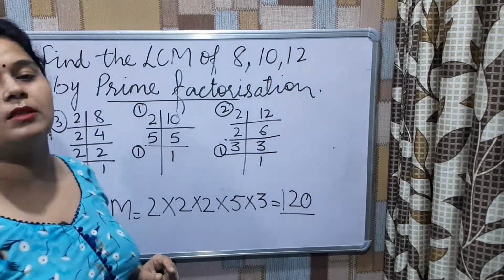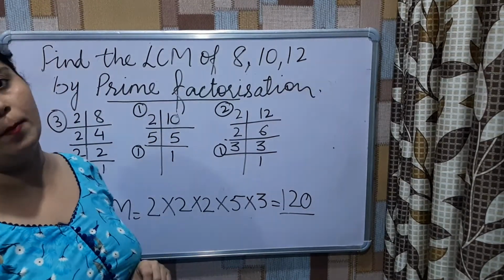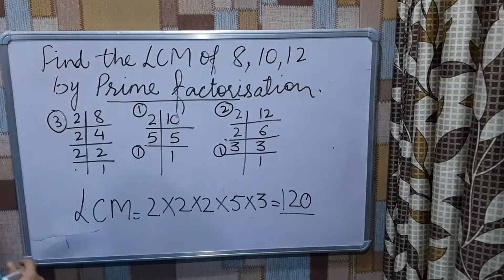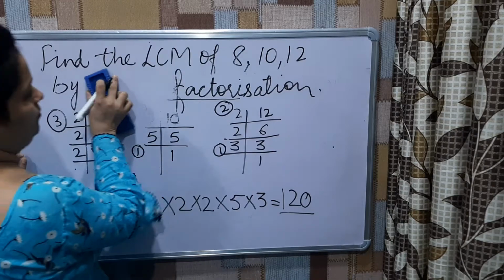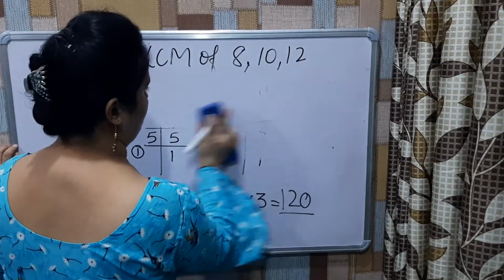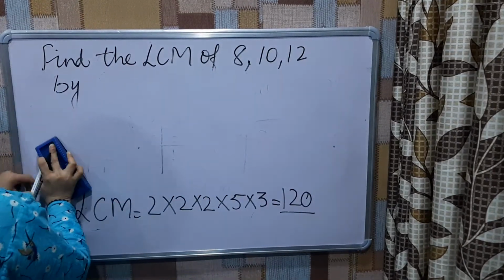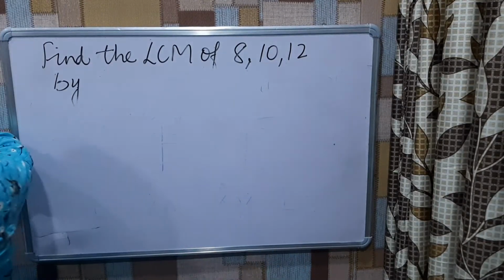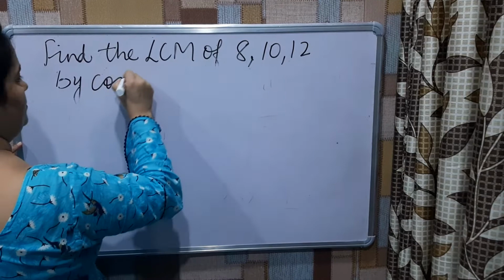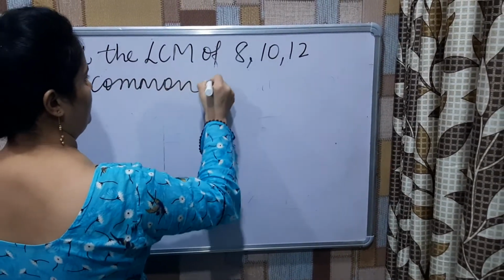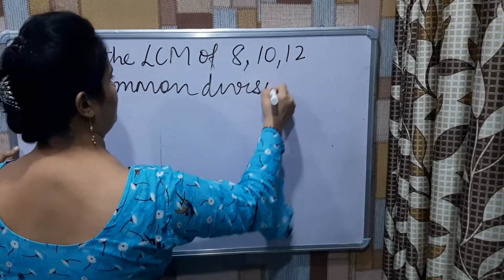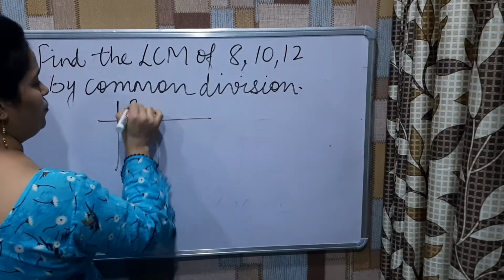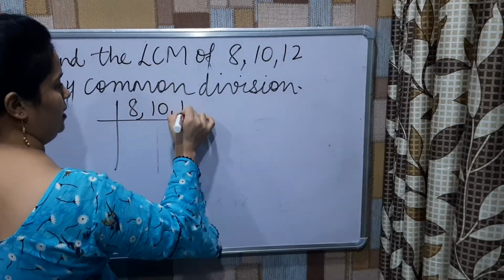Now let us discuss the third method, that is LCM by common division method, and we'll check whether the answer will be the same or different. Now let's try it by common division method. You have to take all the numbers together, 8, 10 and 12.